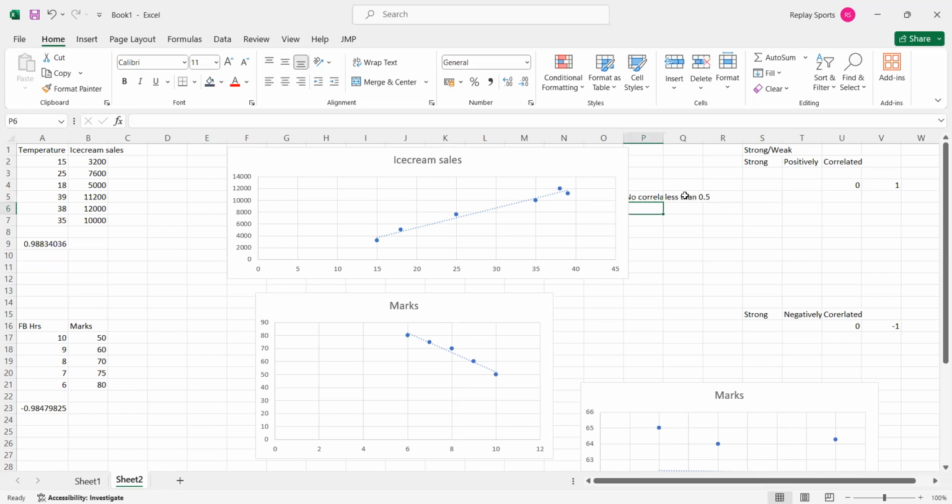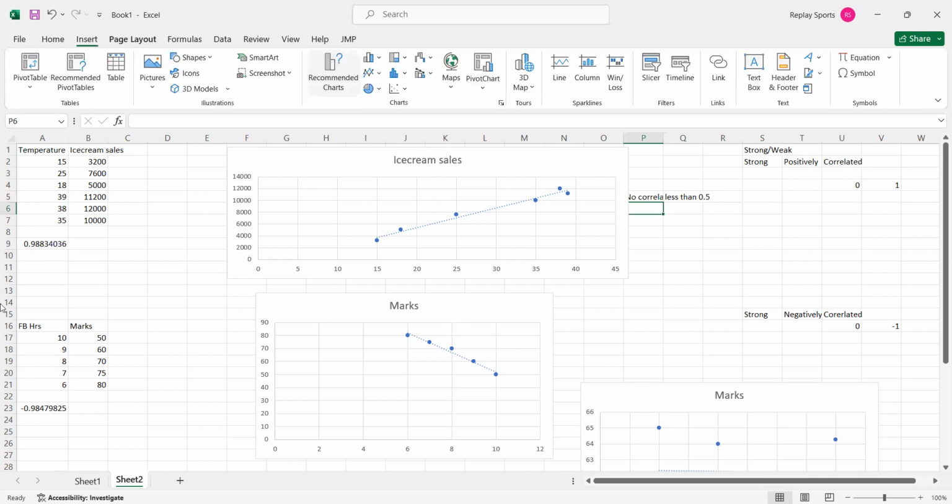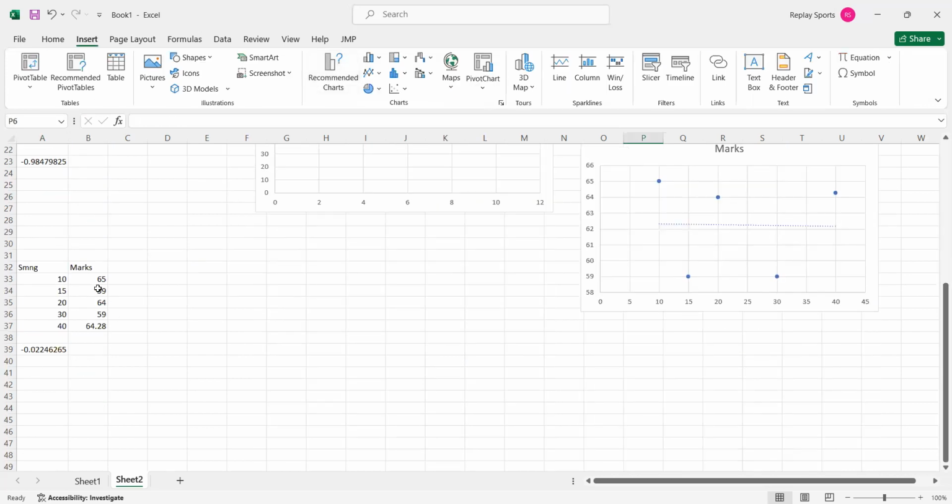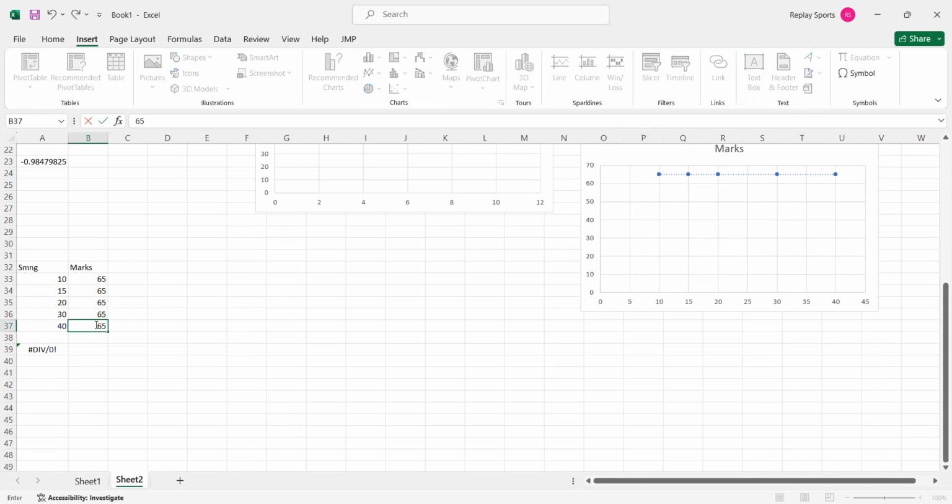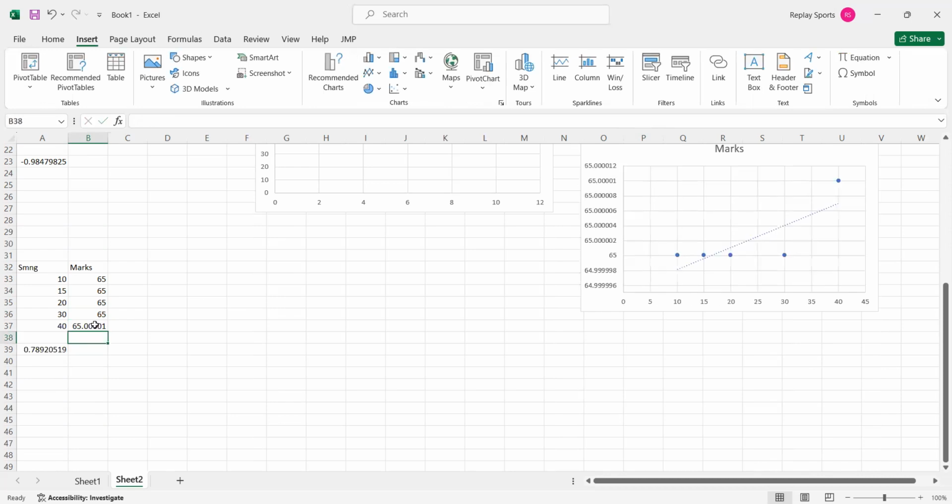Getting a perfect zero happens only when you have the exact same values. If everybody gets 65, 65, 65, 65, 65, then it will be zero, since dividing by zero is infinity, right? Only in that case will it be zero. But typically that's not possible, right?